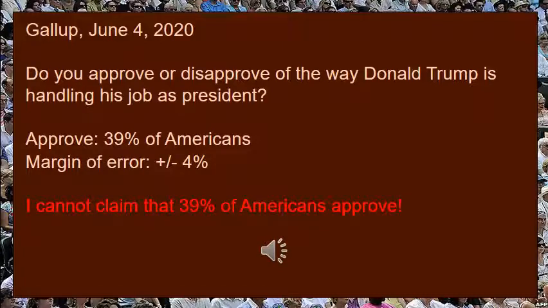I cannot claim, as you often see in the newspaper, 39% of Americans approve Donald Trump. No, I'm not sure about this number, 39%. I did not survey all American citizens. I surveyed a sample. So I cannot claim 39% of Americans approve something. And also I have a margin of error.